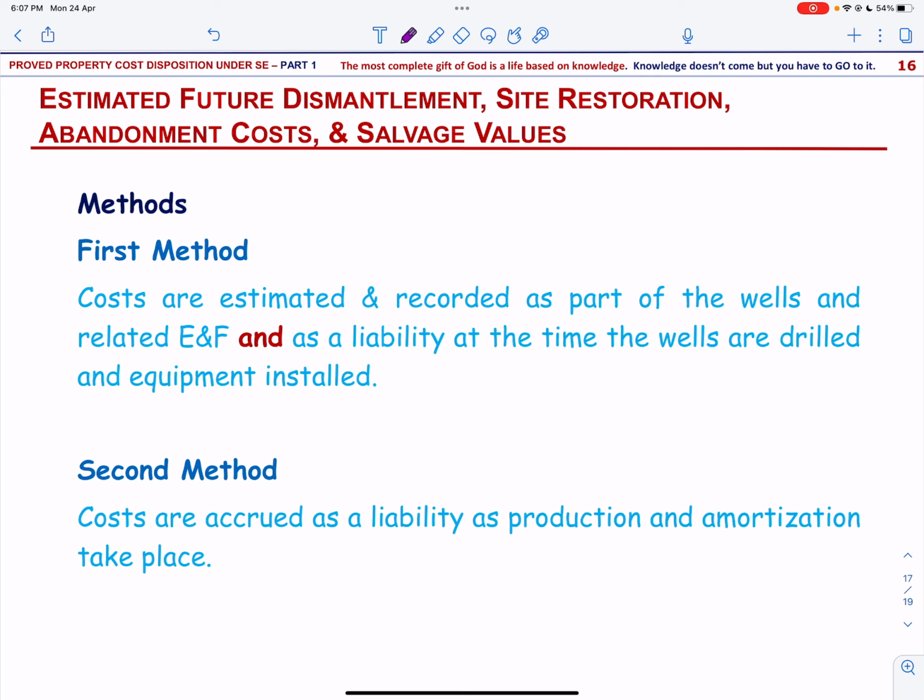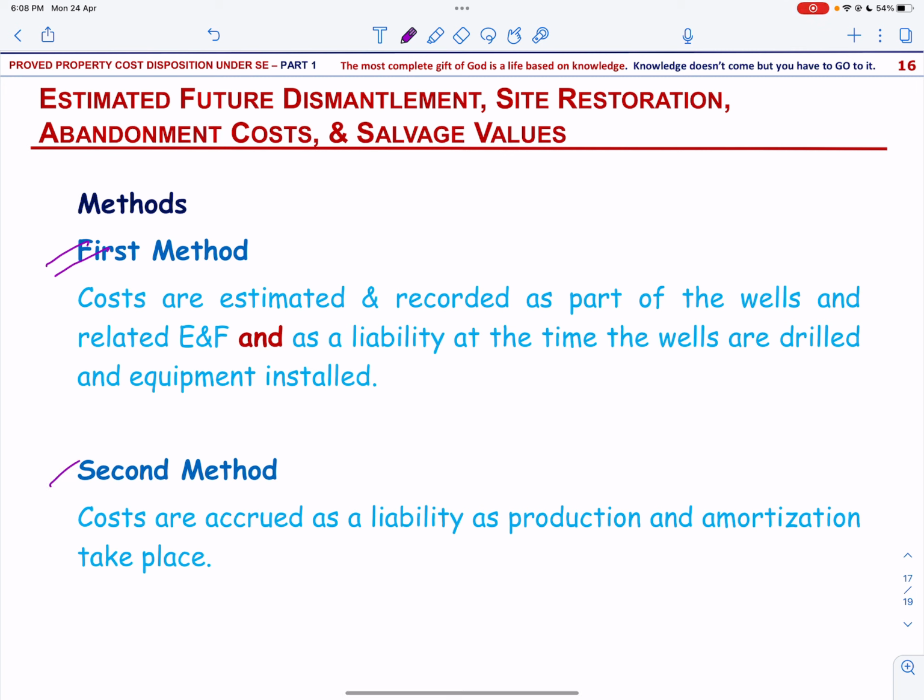There are two methods of accounting for estimated future dismantlement: site restoration and abandonment cost. In the first method, the costs are estimated and recorded as part of the wells and related equipment and facilities, and as a liability at the time the wells are drilled and equipment installed.